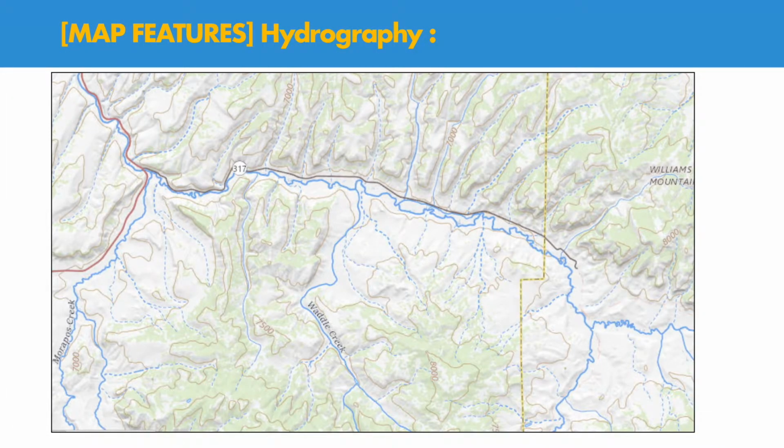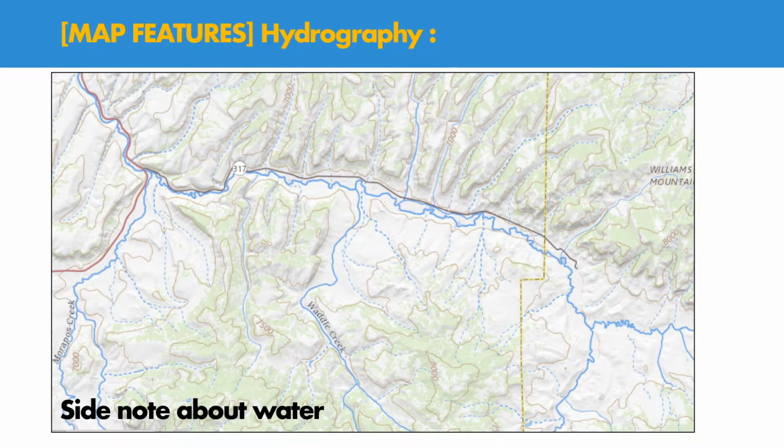Let's see these hydrography representations in this topographical map excerpt. Here we have a thick blue line that represents a major creek or a water stream, and other ones here as side creeks.